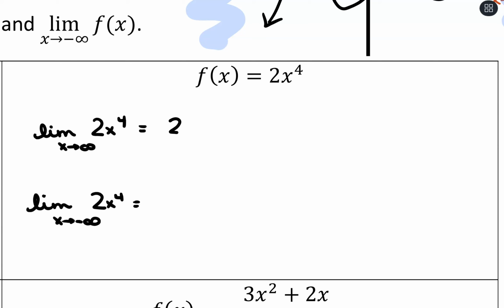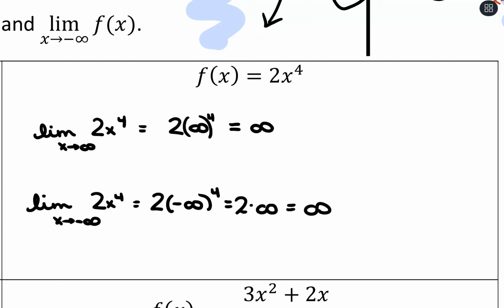If we just plug in 2 times infinity to the fourth power, infinity is just going to absorb all of that, so we're left with positive infinity. We do the same thing, but with negative infinity. Well, anything negative to the fourth power is going to be positive. So this is like 2 times positive infinity, so this is also going to land at positive infinity.